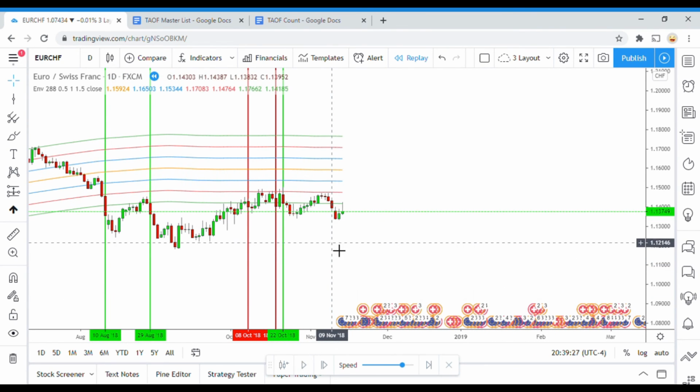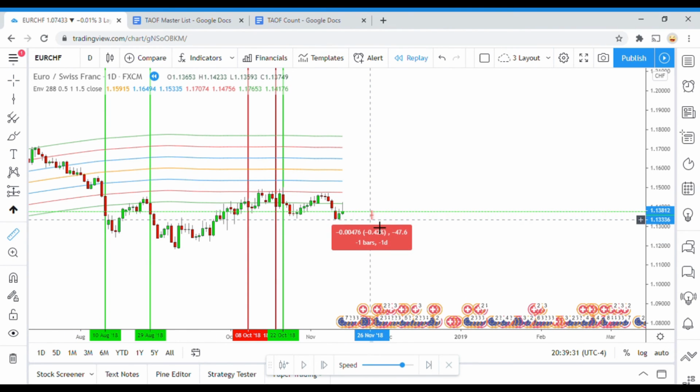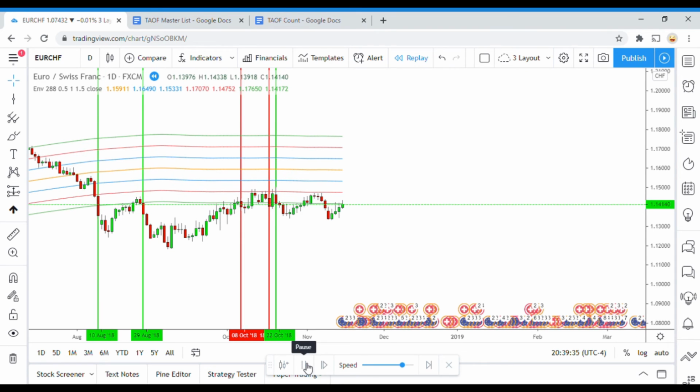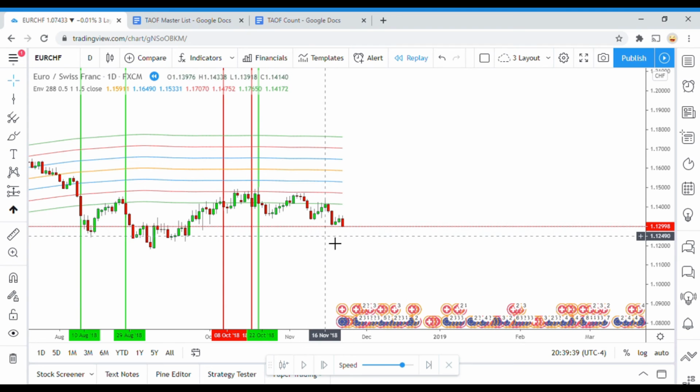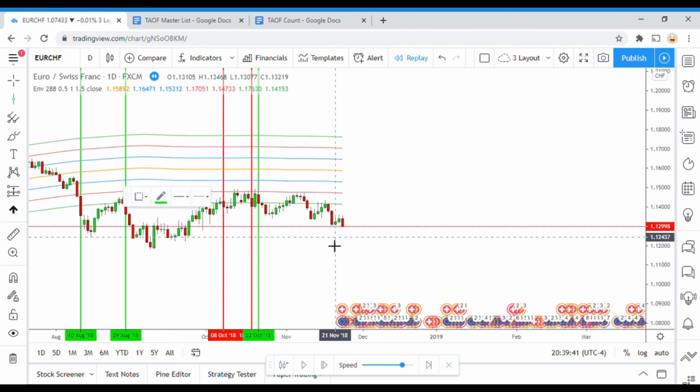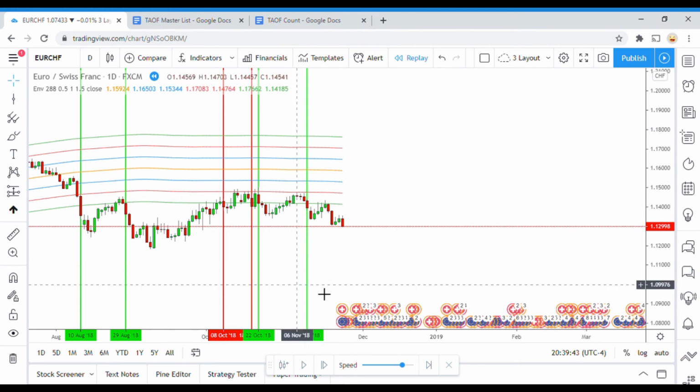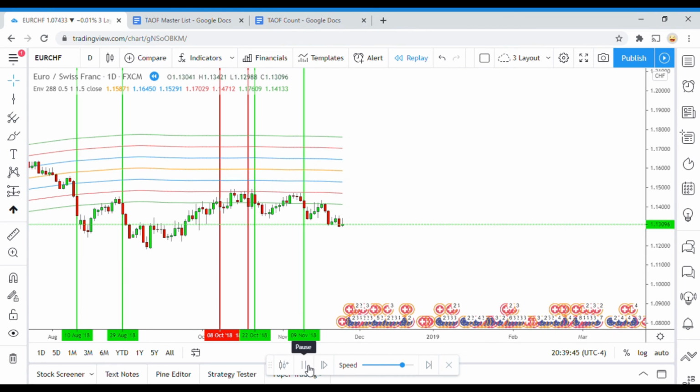Let's see. Alright, another breakdown there. Not quite 50 pips. Let's see what it does. Didn't come back up, so that would have still kept us in.